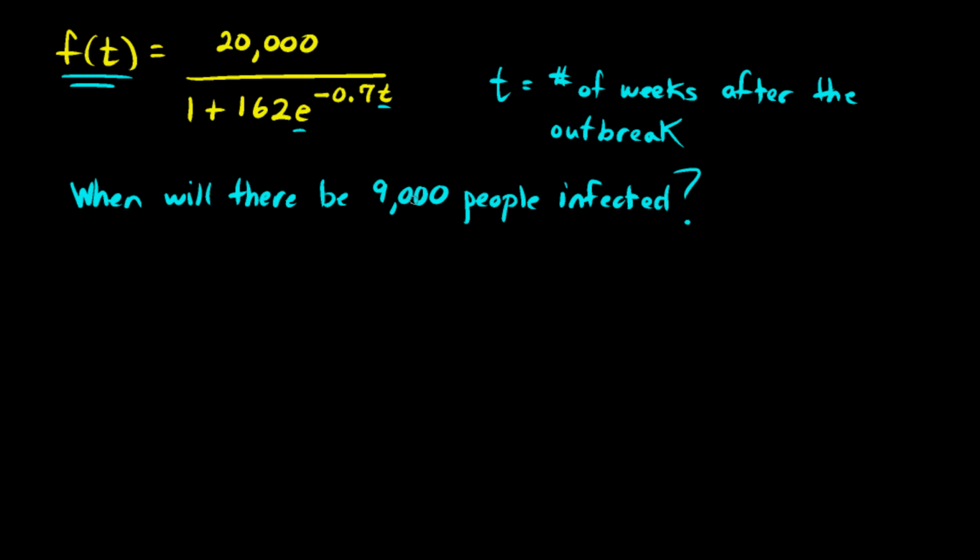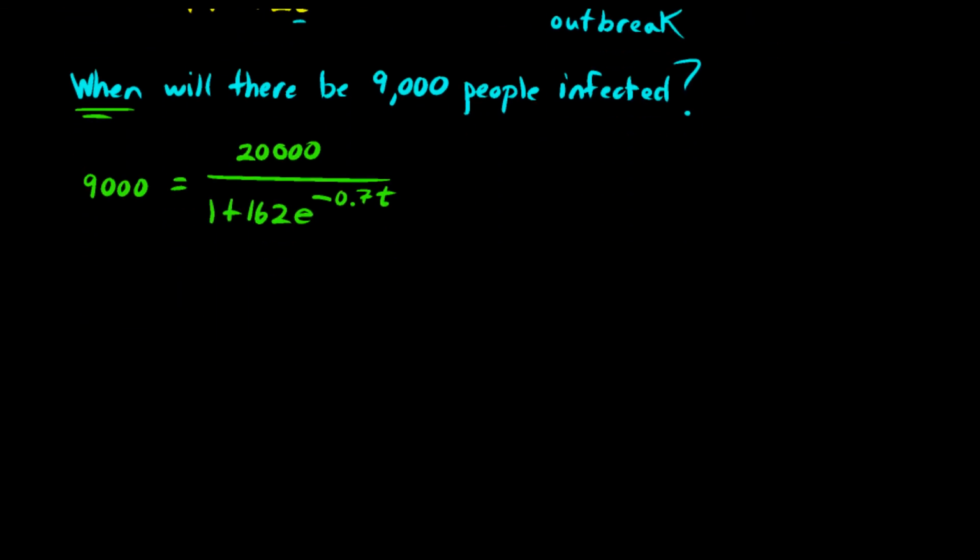It's the value after a certain time, and we don't know that time. That's what we're going to find out. So we would have 9,000 equals 20,000 divided by 1 plus 162e to the negative 0.7t. So we only have one variable, and that would be t there. So we need to find out what t is.